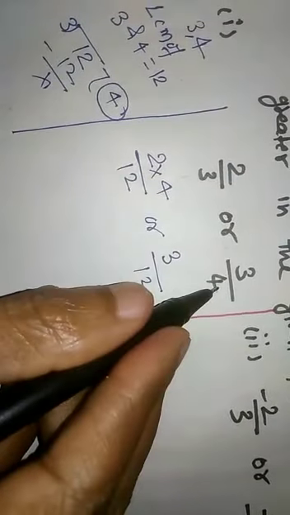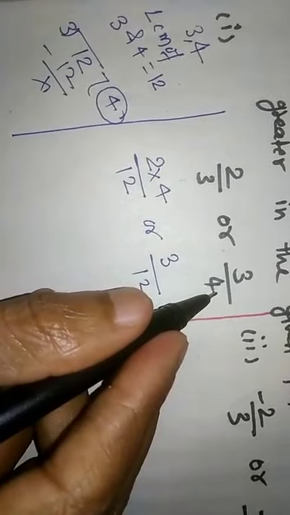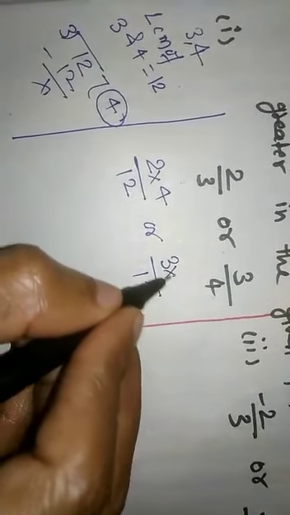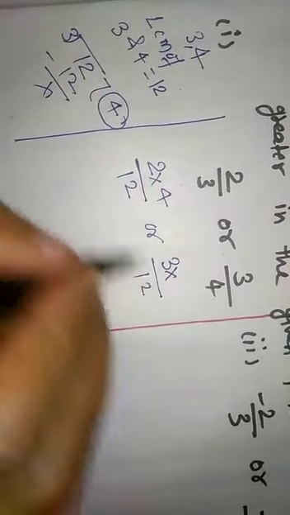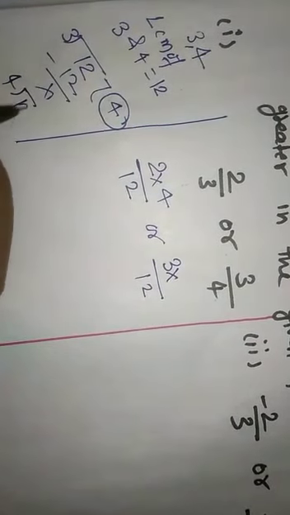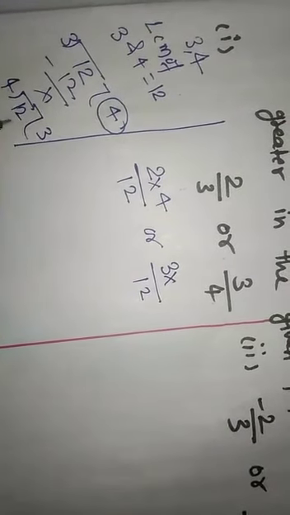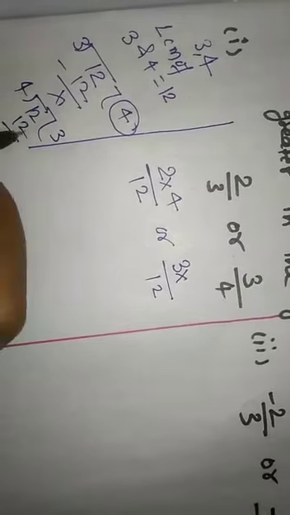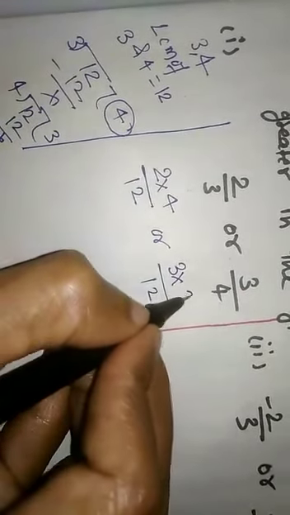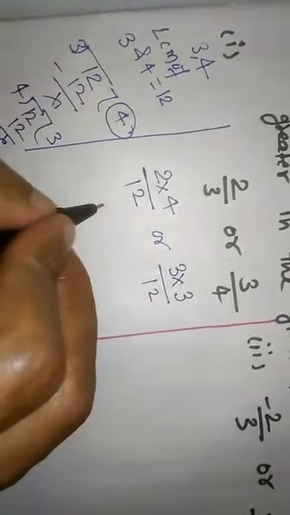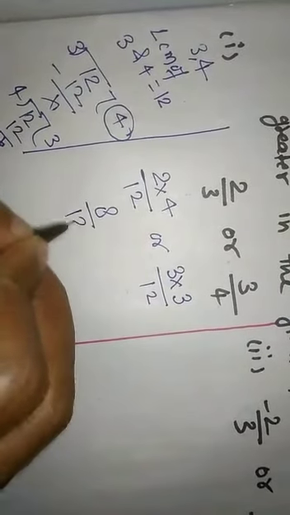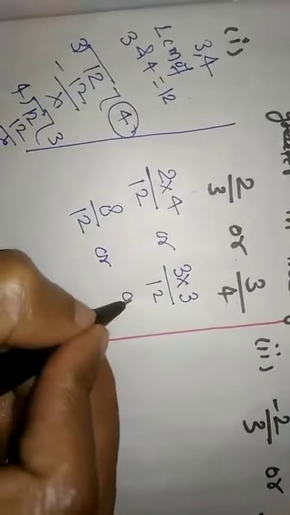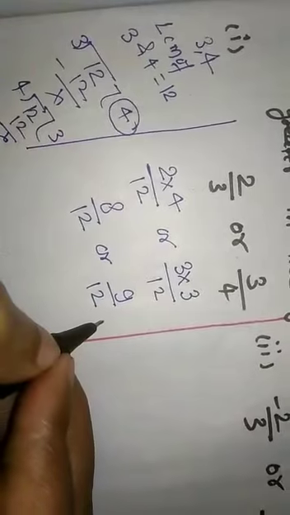Similarly, 12 divided by their denominator 4 gives 3. So multiply 3 by 3. So 2 times 4 is 8 by 12, and 3 times 3 is 9 by 12.